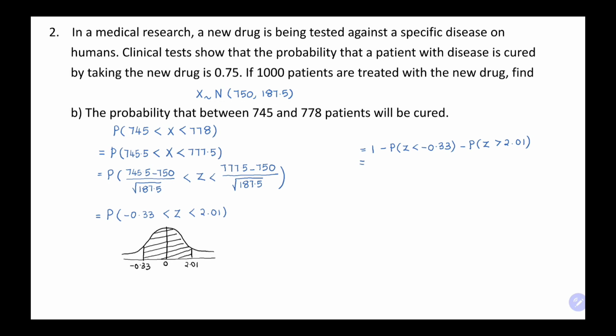P(Z less than negative 0.33) we can change to P(Z greater than 0.33).